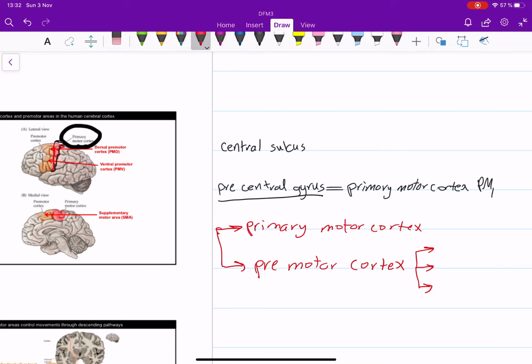The first one, which we can call the supplementary. The second one is the dorsal premotor cortex. And the third one is the ventral premotor cortex.